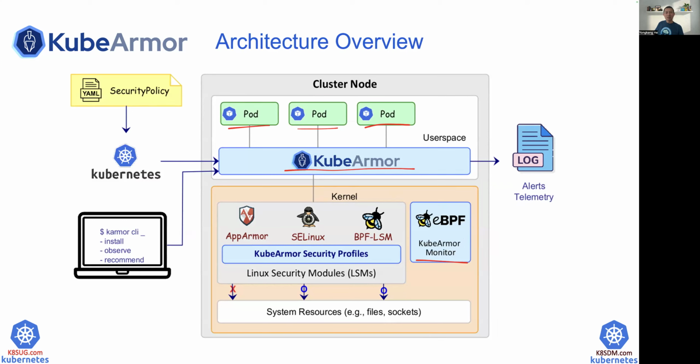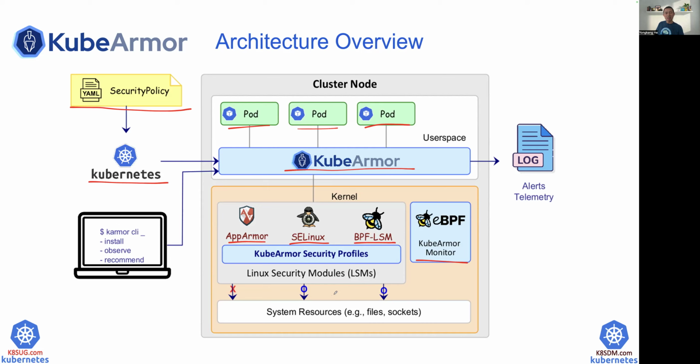So how do you apply the policy to the Kubernetes cluster? You basically create the YAML file, use the standard kubectl apply, and it will pass to the kernel's Linux security module, implemented via AppArmor, SELinux, or BPF-LSM, depending on which Linux system you're using.